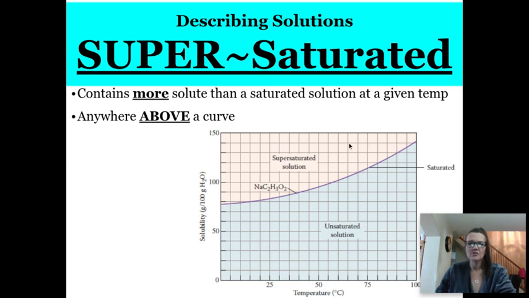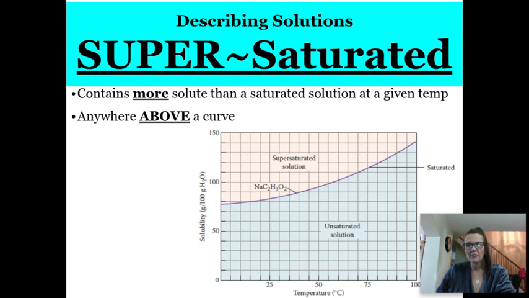As you cool it, you can see the arrow is now above the line. There's more solute dissolved than technically possible, and that's how you get a supersaturated solution. Any point above the line is considered supersaturated.